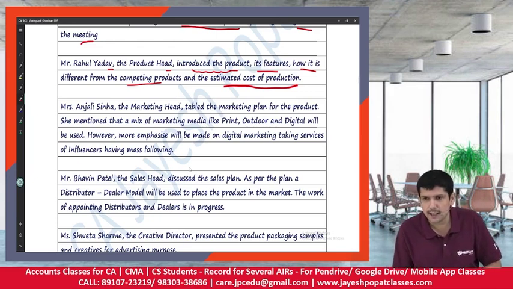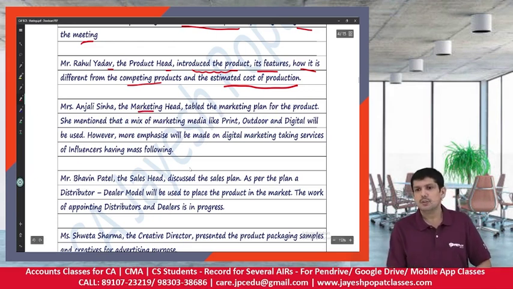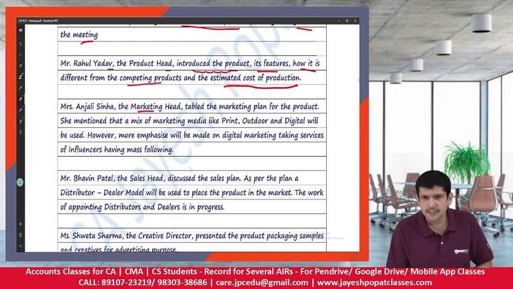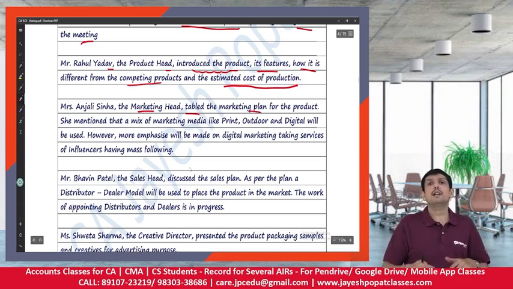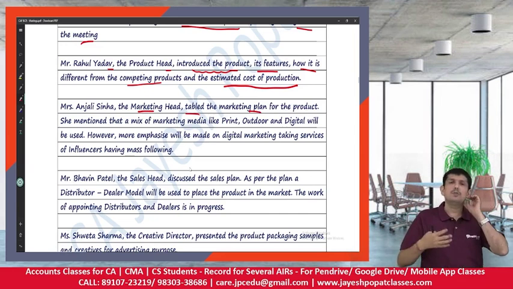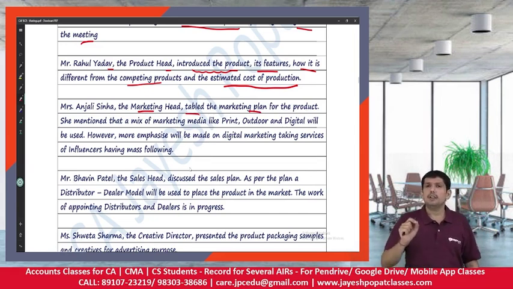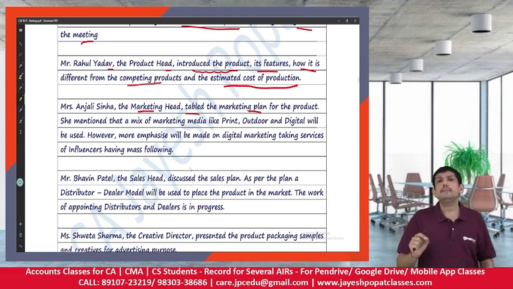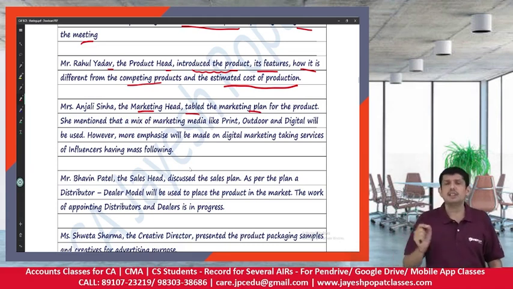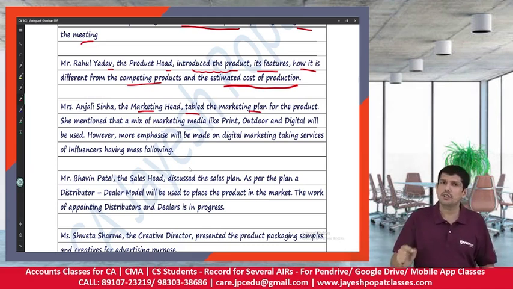She is the marketing head. So what it says is Mrs. Sinha, marketing head, tabled the marketing plan. So here, if you have good vocabulary, you can use it to impress the reader, but not at the cost of making mistakes in sentence construction or grammar.